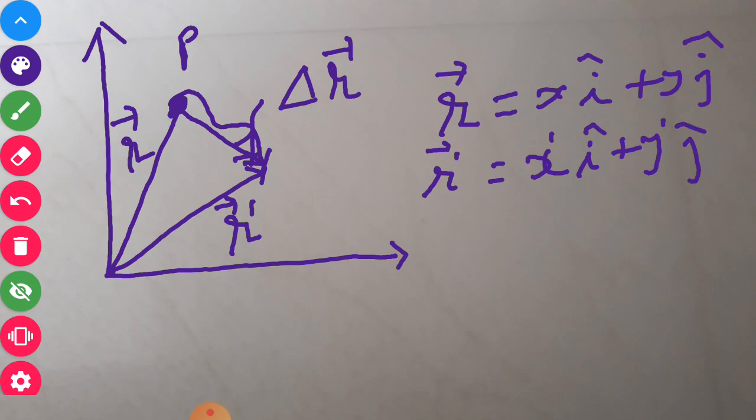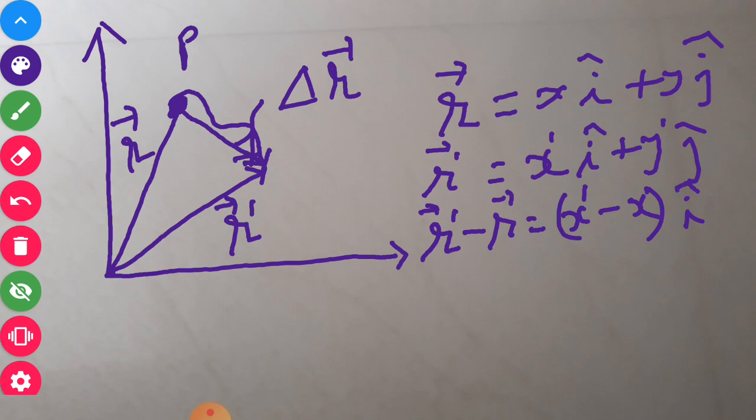If you take the final position minus initial position, it becomes r prime minus r, which will be the difference of the x coordinates, that is x prime minus x into i cap, plus y prime minus y into j cap.